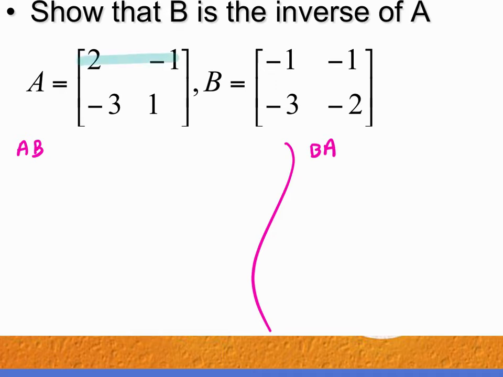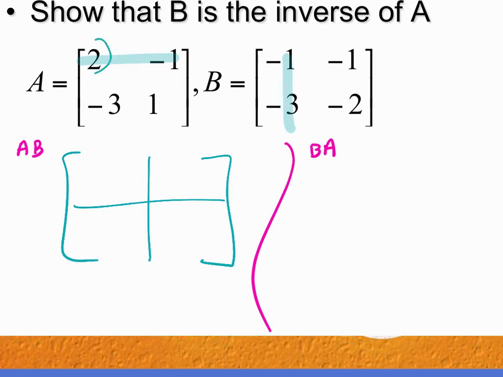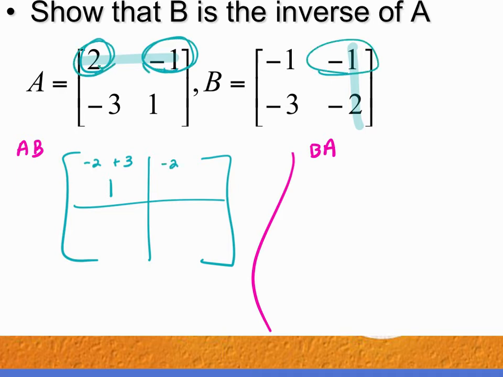This is row 1, column 1. 2 times negative 1, negative 2, negative 1 times negative 3, positive 3, and the answer there is 1. Then row 1, column 2, 2 times negative 1, negative 2, negative 1 times negative 2, positive 2, and there's my 0. And then I go to row 2.